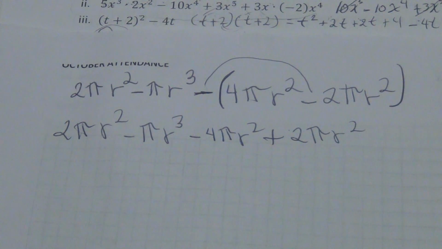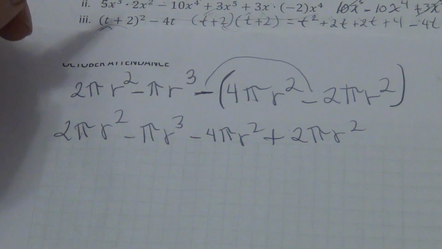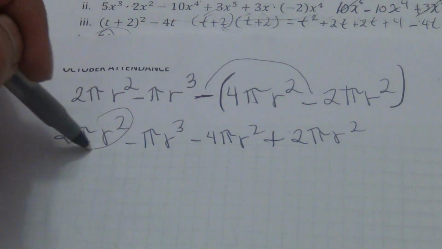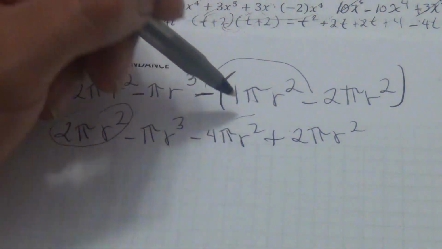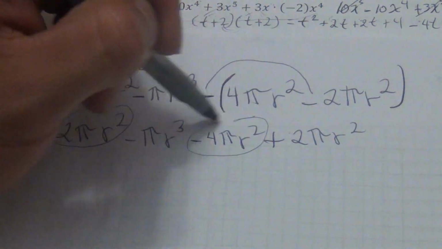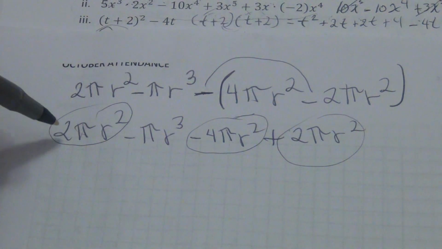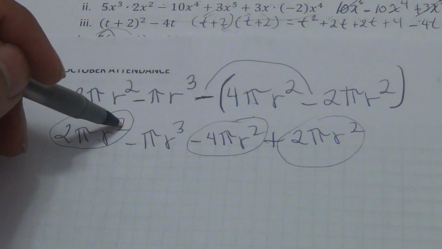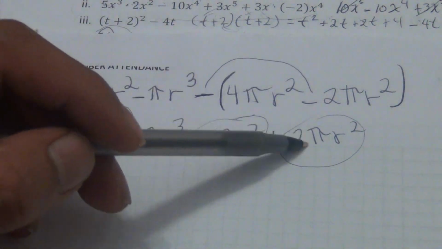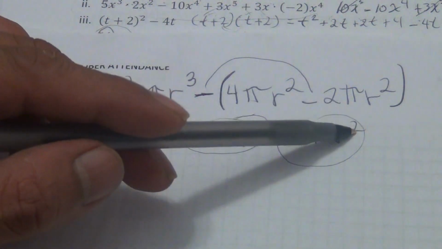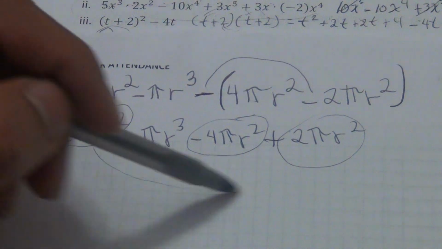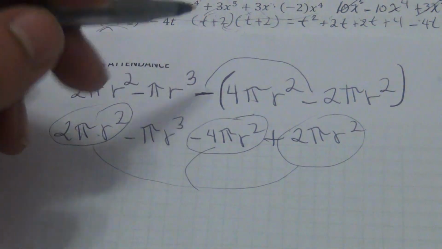Now I'm gonna have to combine like terms. So I have pi r squared with pi r squared. So let's see now. 2 pi r squared plus 2 pi r squared is 4 pi r squared. 4 pi r squared minus 4 pi r squared is 0.